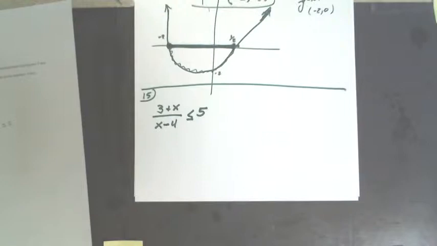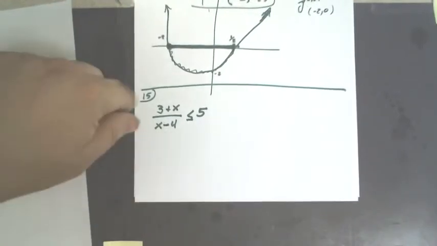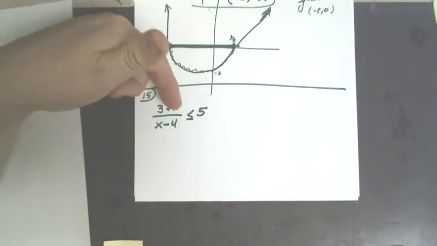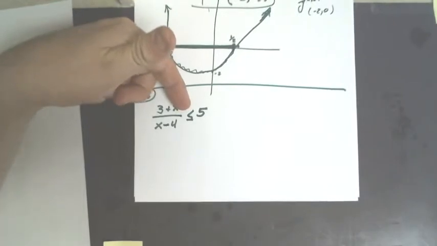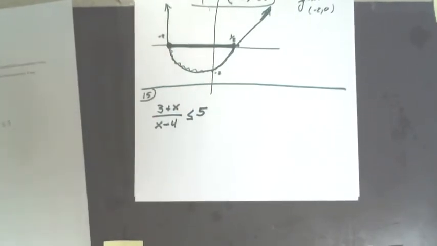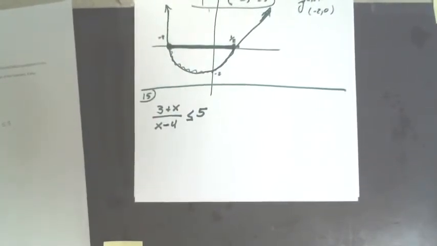Sometimes x minus 4 is positive, which would mean if we multiplied both sides by x minus 4, we should leave the inequality symbol alone. But sometimes x minus 4 is negative, in which case we should reverse it. Sometimes x minus 4 is equal to 0, when x is 4, but we can't multiply both sides by 0. It's not allowed.